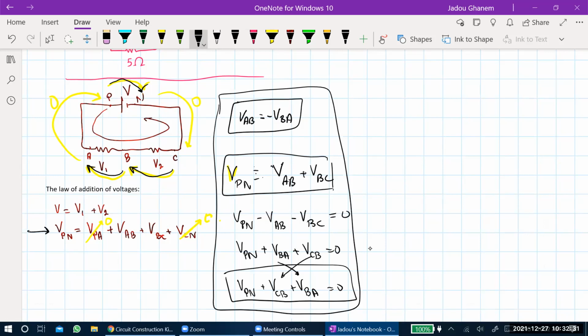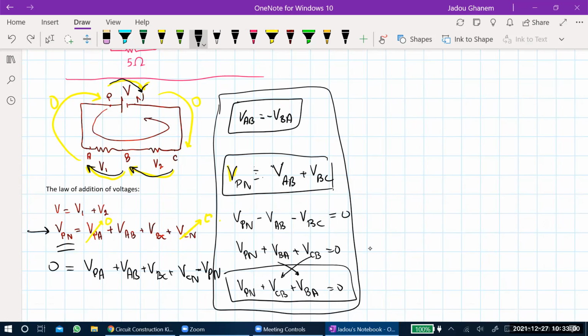Do you agree with what I wrote here? VPN equal VPA, AB, BC, CN. The addition of voltages, yeah. Yes, that's great. Let me just take VPN to the right side. So it's going to be here 0, here VPA plus VAB plus VBC plus VCN, sorry, minus VPN.